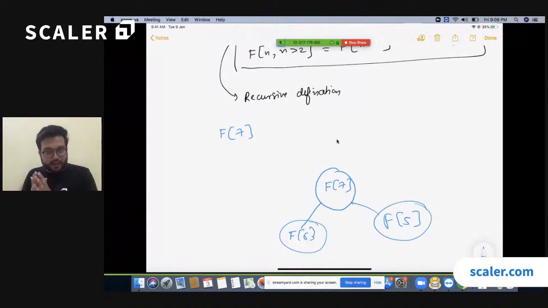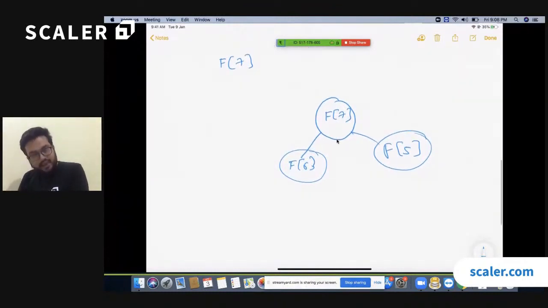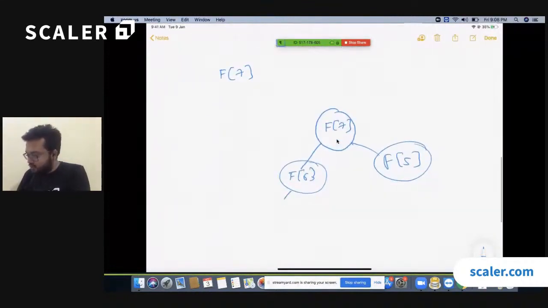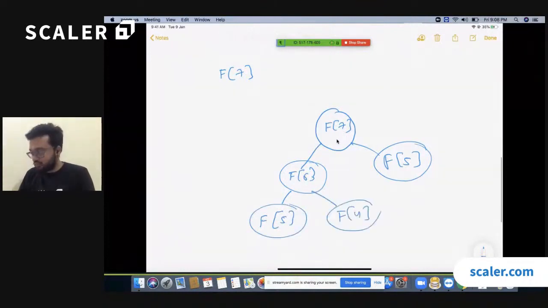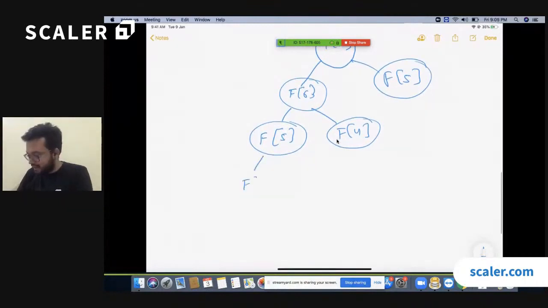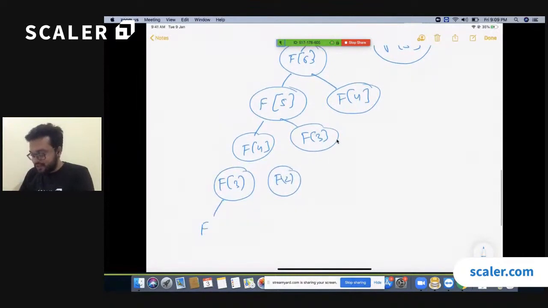I hope it is crystal clear that this is just a recursive definition. Now, we do not know what f6 is, and f6 can again be computed using the same definition: f6 is f5 plus f4. You can keep drawing this tree, and f5 can be represented by f4 and f3. f4 can be represented as the summation of f3 and f2, where f3 is the summation of f2 and f1.